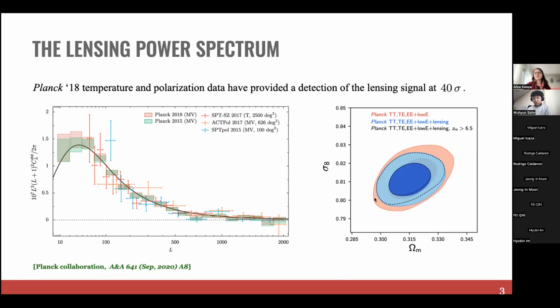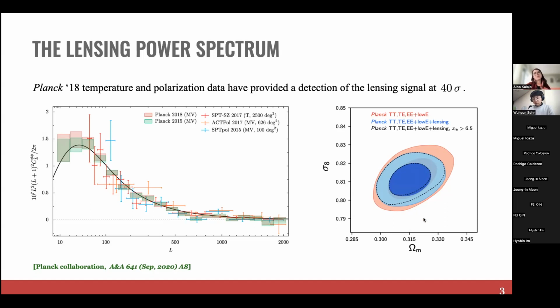Here you can see the posterior distribution on these two parameters. The red one takes the primary CMB anisotropies, temperature and polarization from Planck, and the blue one is the same contour but with lensing. As you can see, it already improves the constraints on both of these parameters.